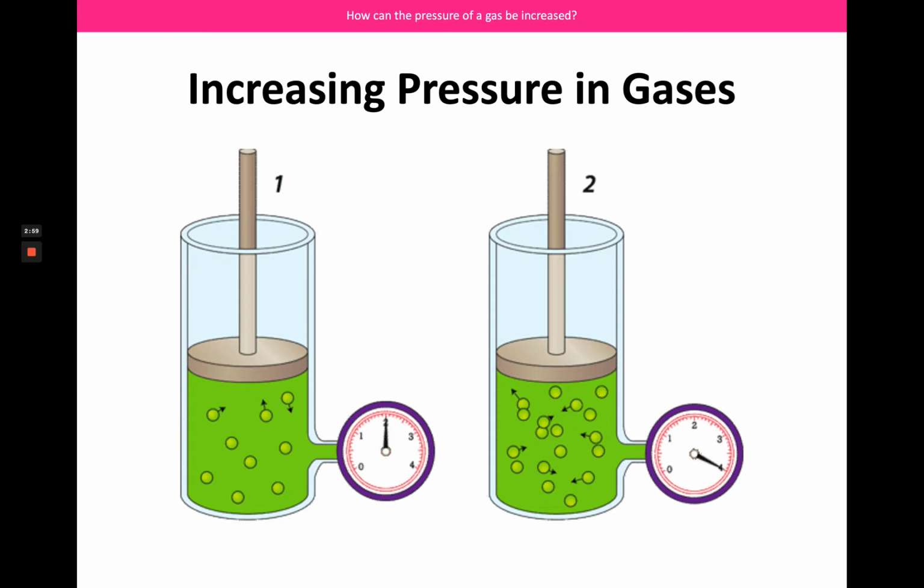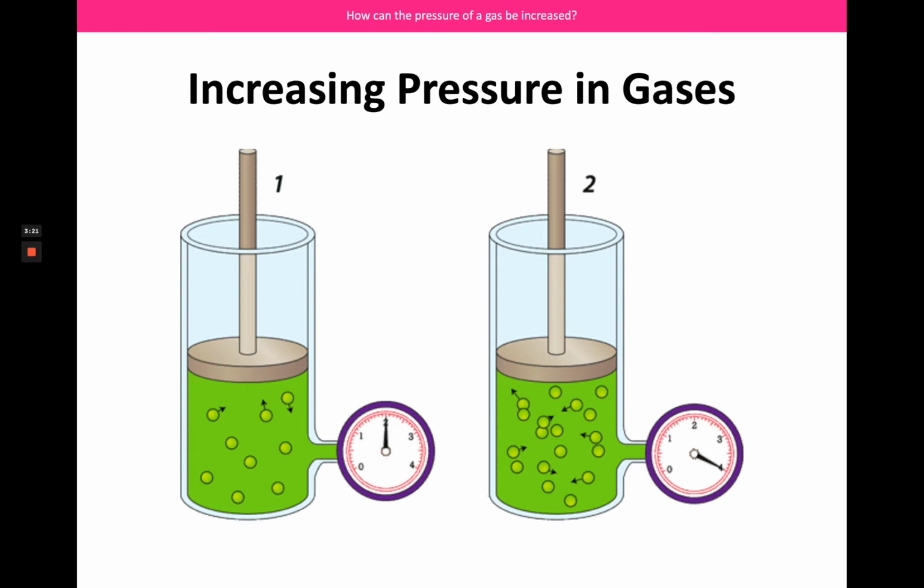If you compare those two images, try and think about what's different between them, and then make the leap as to what is causing the increase in pressure in the container on the right.